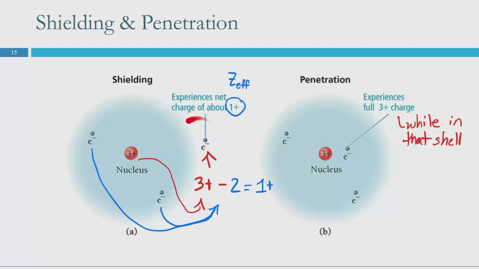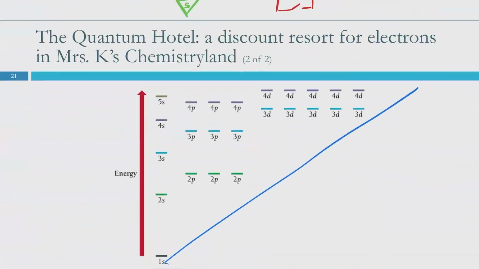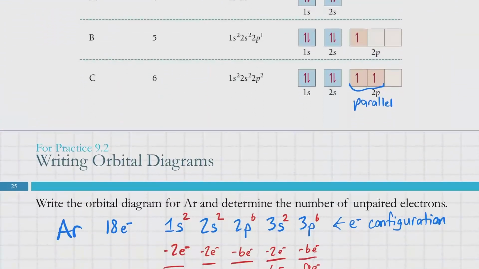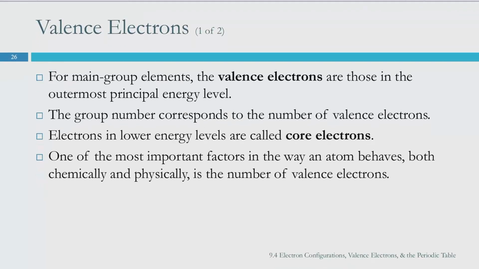This shielding effect and this effective nuclear charge is an idea that we're going to be thinking about a lot with some of our periodic table trends, which we will hopefully be getting to today. So I just wanted to remind us of that. Those outermost electrons we call valence electrons.